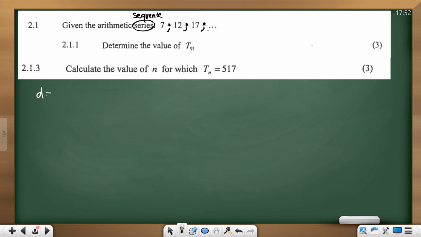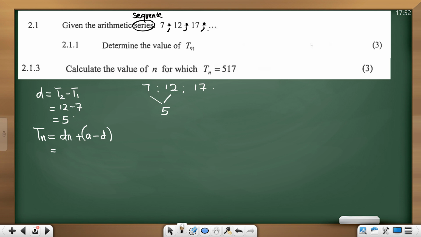First, 12 minus 7, and that gives us the formula Tn equals a plus n minus 1 times d. Now, so check, it is 7, it is 12, it is 17. Mind you, this is a. Our d. d is 5.